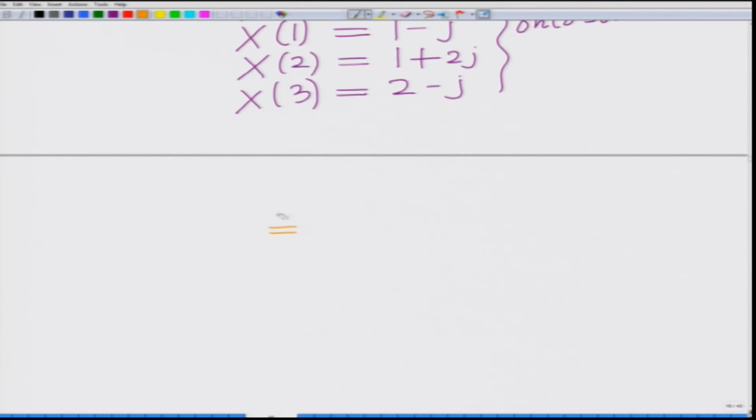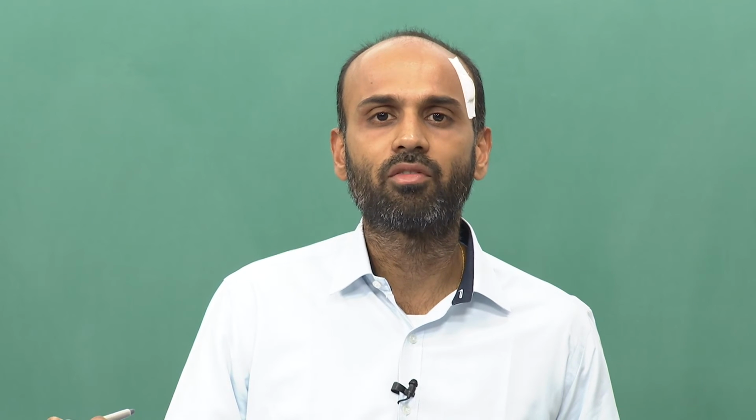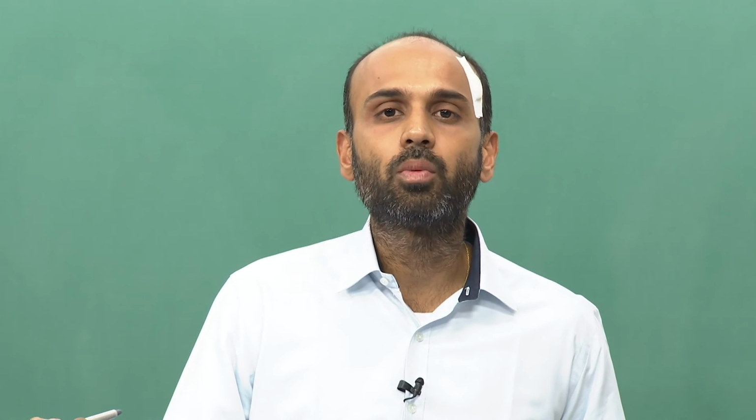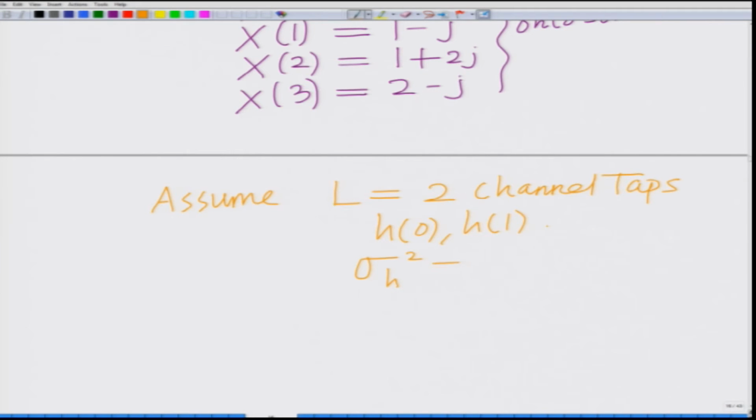equals, now further we will need the prior variance. Remember, we will need also the prior variance sigma h square, the number of channel taps, and the noise variance sigma square, alright. Okay. So, let us assume L equal to 2 channel taps, h0 comma h1, with sigma h square equal to 0 dB, which implies 10 log 10 sigma h square equals 0, which implies sigma h square equals 10 to the power 0 equals 1.